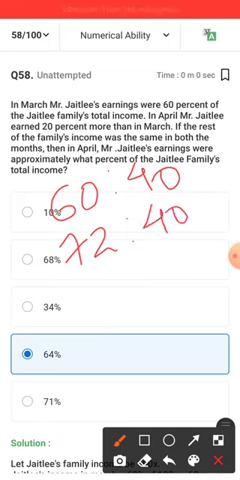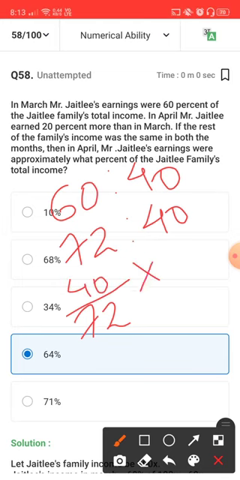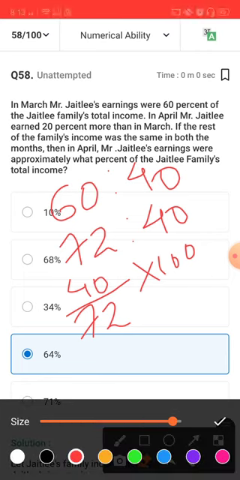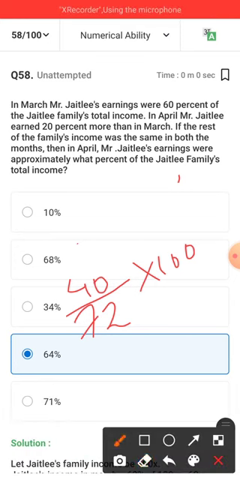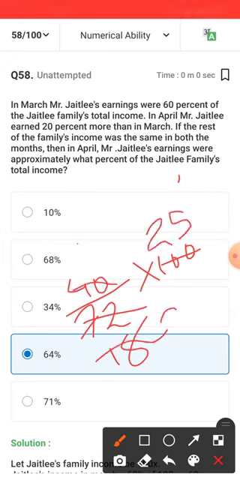Then Mr. Jailey's earnings are approximately what percentage of the family's total income? 72 by 40 into 100, and we know that this can be simplified, so 2 into 25 is 50, 500 by 9.